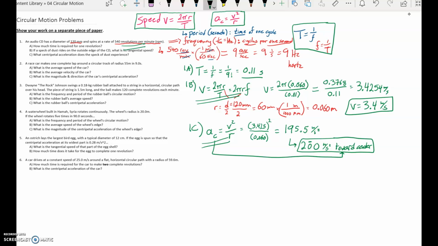Use this example as a framework to complete questions 2, 3, 4, 5, and 6. Best of luck, and we'll go over the solutions or any questions you may have during our next class.